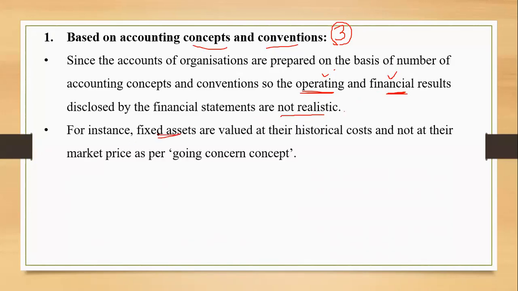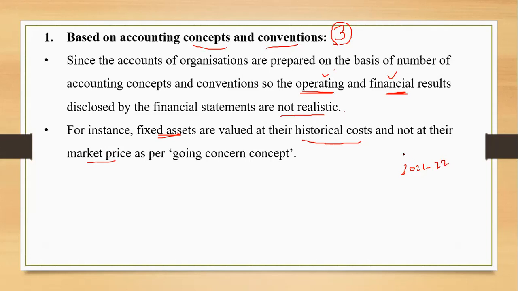Fixed assets are valued at their historical cost, not at their market price. We need to stick to the price that is actually paid to acquire the asset. Say for example, this is the year 2021, and 21-22.